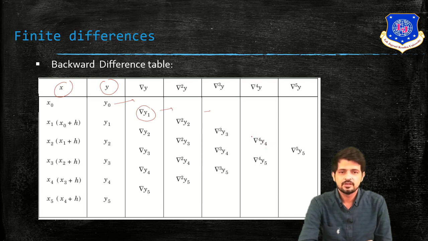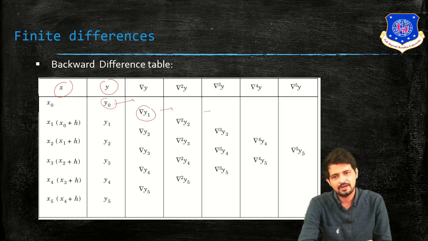In the fifth, y4 is neglected, so I have to write from y5, right? So here y0 is neglected first, we have to start from nabla y1 up to nabla y5. Again y1 is neglected, so nabla square y2 and so on, nabla cube y3, nabla raised to 4 y4, nabla raised to 5 y5. See, these are the expressions for the backward difference table that you have to remember.